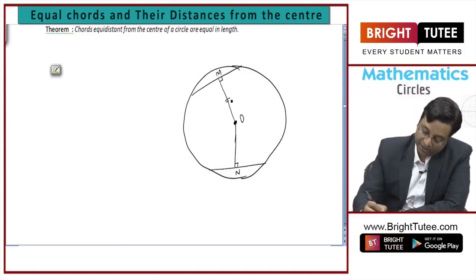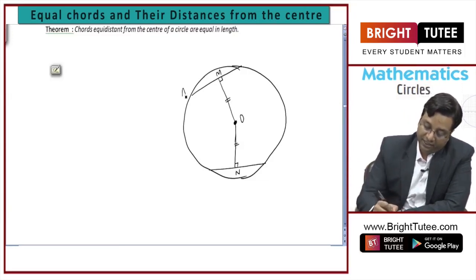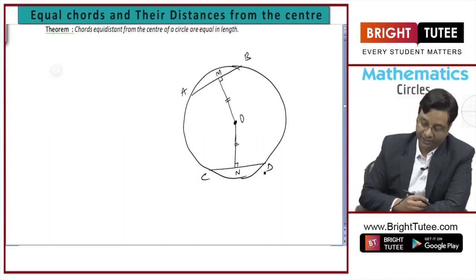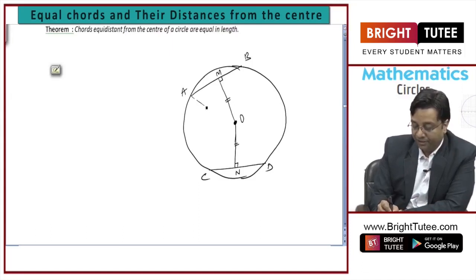Okay, so this is given as equal to this. And now we need to see whether AB is equal to CD or not, right? So again we will consider those triangles. Let us say this is one triangle, this is another triangle.